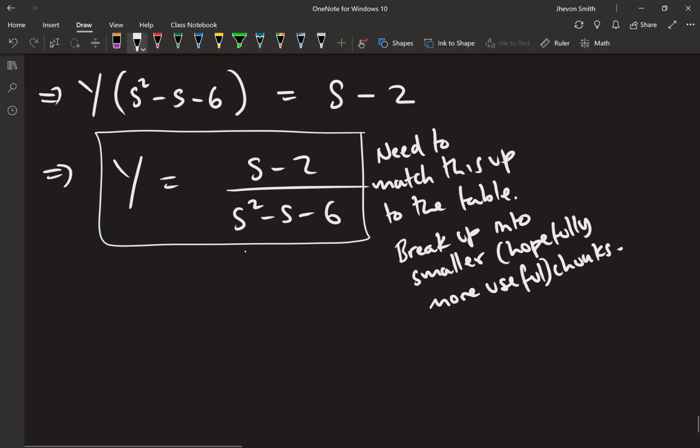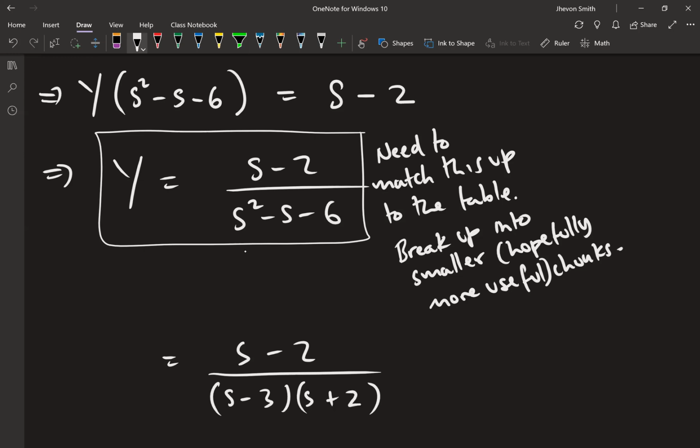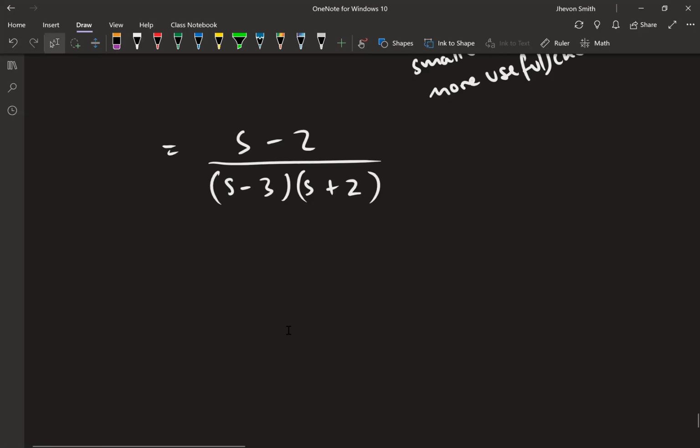Which means now I'm going to start seeing, well, does the denominator factor or should I be completing the square? And it turns out here that the denominator factors. Okay, so the denominator actually factors. So now I can do partial fractions.